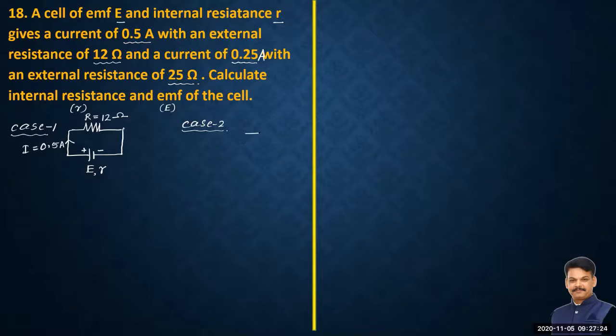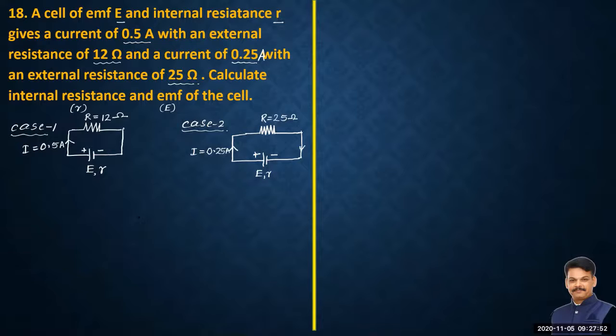Similarly, if the external resistance is increased, automatically the current will decrease. Yes, the current I will be 0.25 ampere when the resistance R is 25 ohm.